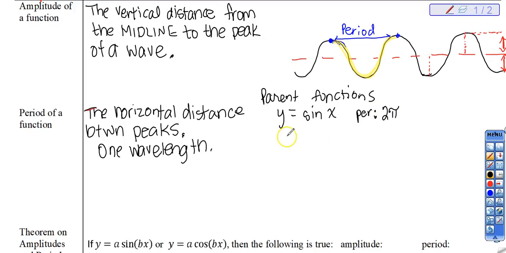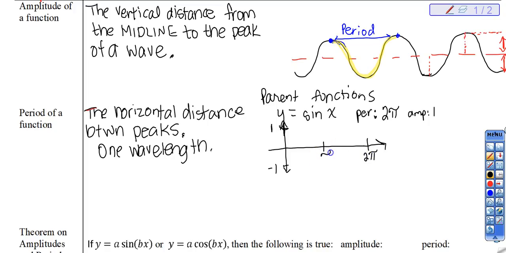And it has an amplitude of, how high does it go off the midline? 1, right? So it has an amplitude of 1, and a period of 2 pi, because the height of the sine wave goes up to 1 or down to -1, depending whether you're at a peak or a valley.